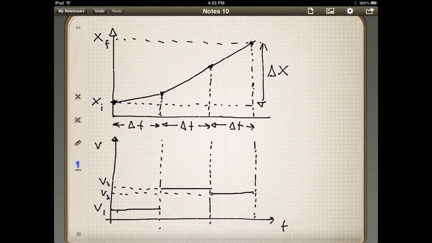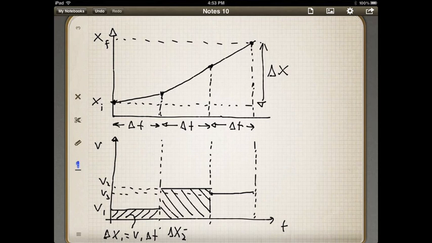Since in every segment the velocity is constant, we know that the change in position of the object over this interval, if we call it delta x1, is simply the area of that rectangle, which is v1 times delta t. Similarly, for the second segment, the object was moving with a different velocity, v2, and the position of the object changed by an amount delta x2 equals v2 times delta t.